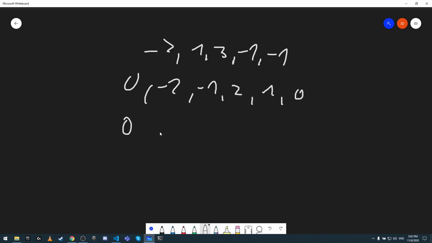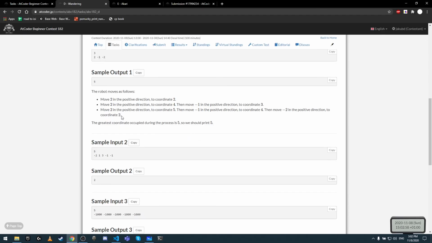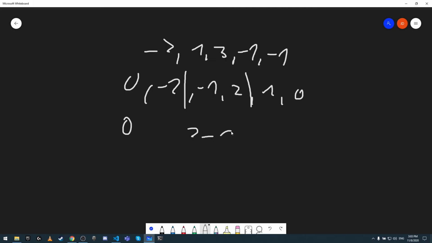Basically you could just go through all the moves and say, okay, your position was this, so the maximum position, you could say it was 2, right? Which I think is an answer, right? But you would be wrong in the first example, because with 2, -1, -2 the prefix sums are 2, 1 and -1, and it will just output 2, and that's terribly wrong.